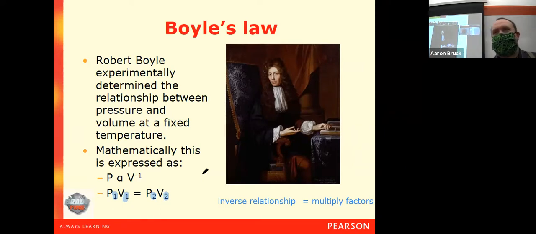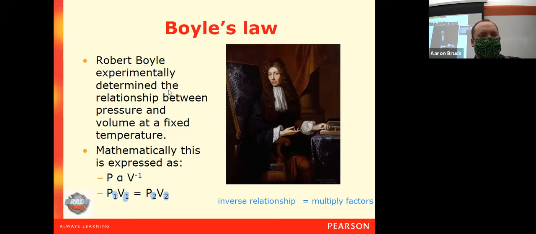And so from that perspective, if I double the pressure, the volume goes down by a half. 1 times 1 is 1. 2 times 1/2 is also 1. So whatever happens on one side, the opposite happens on the other. That's Boyle's law. Again, an inverse relationship.